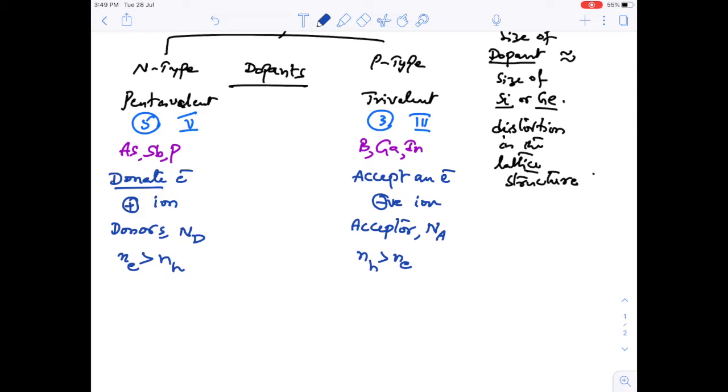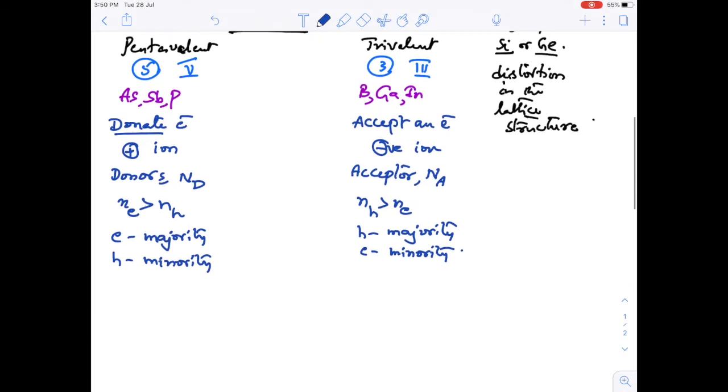So, the hole concentration will be more, and whichever is more is the majority. So, electrons are majority in N-type and holes are minority, and in P-type holes are majority and electrons are minority.